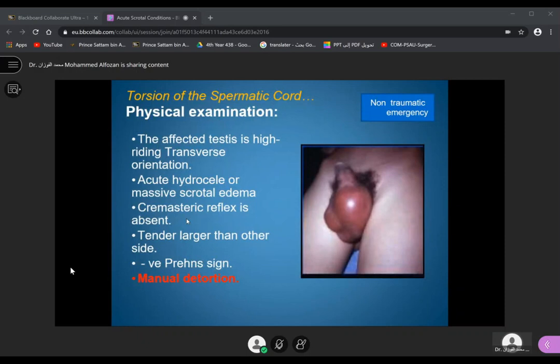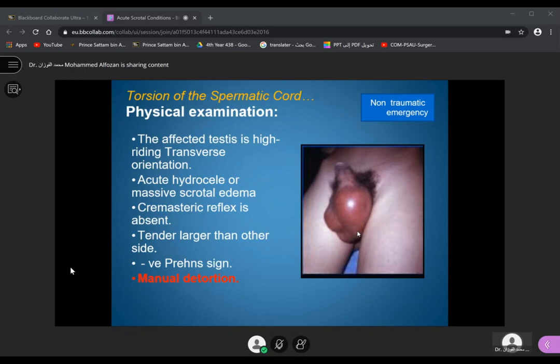So for physical examination, here is the tricky part. It's important to differentiate between torsion and other inflammatory acute onset diseases or differentials. Both patients with torsion and epididymorchitis might have swelling. They might have a hydrocele, as you can see in this patient, and sometimes it's difficult to examine the patient if the hydrocele is severe.